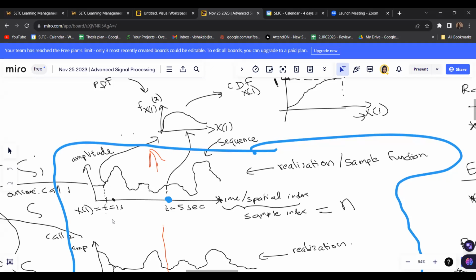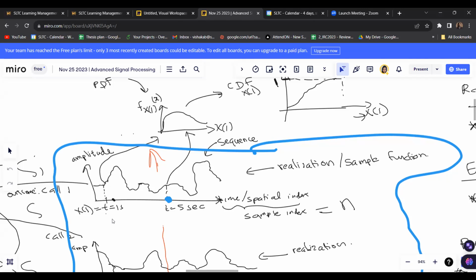So we actually consider one time instance, and we plot the amplitudes in that specific time instance and observe its characteristics. Basically, it's a probability density function, its average or the mean value, then its variance value, right?